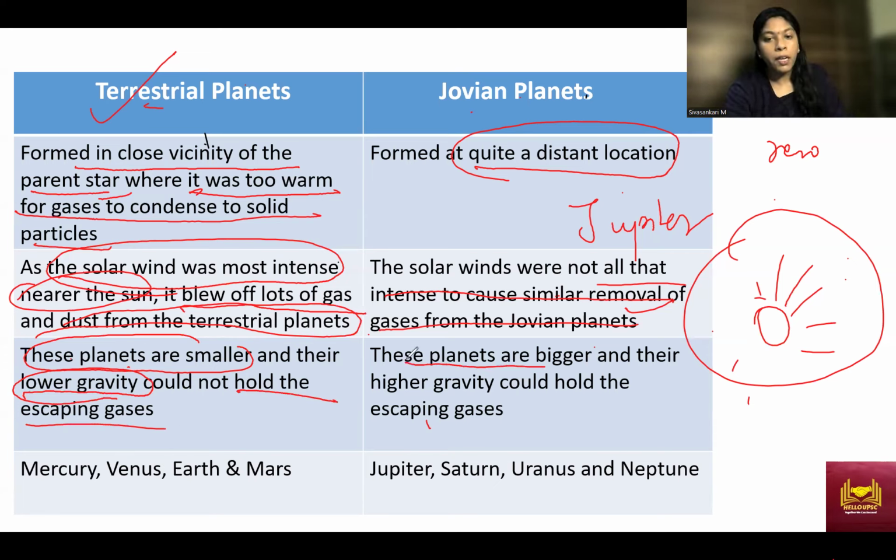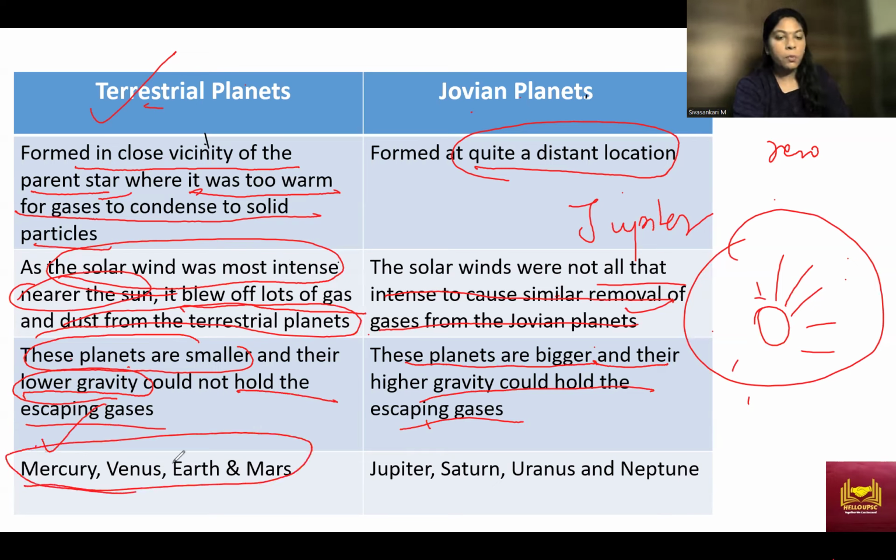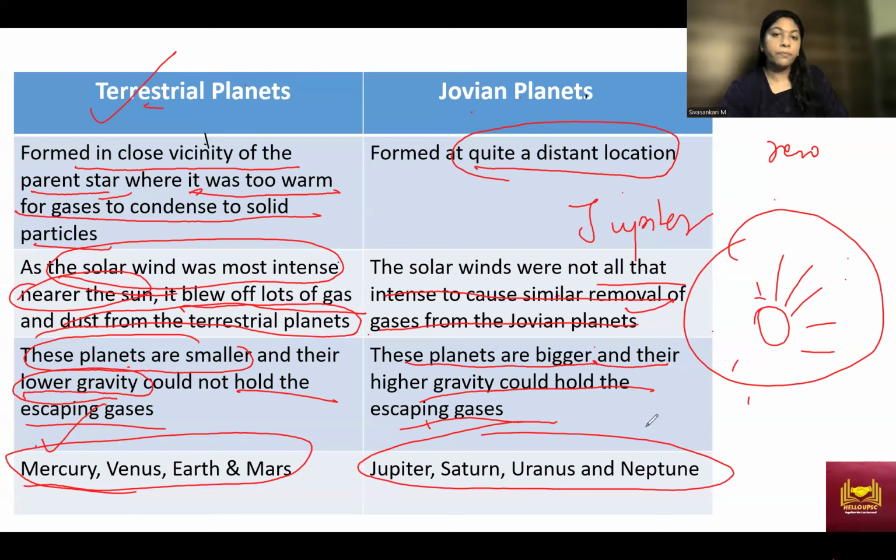But Jovian planets are bigger, and their gravity holds the escaping gases. That is why they have a thick atmosphere. These are our terrestrial planets: Mercury, Venus, Earth, Mars. These are our Jovian planets. Okay. Now, the next slide.